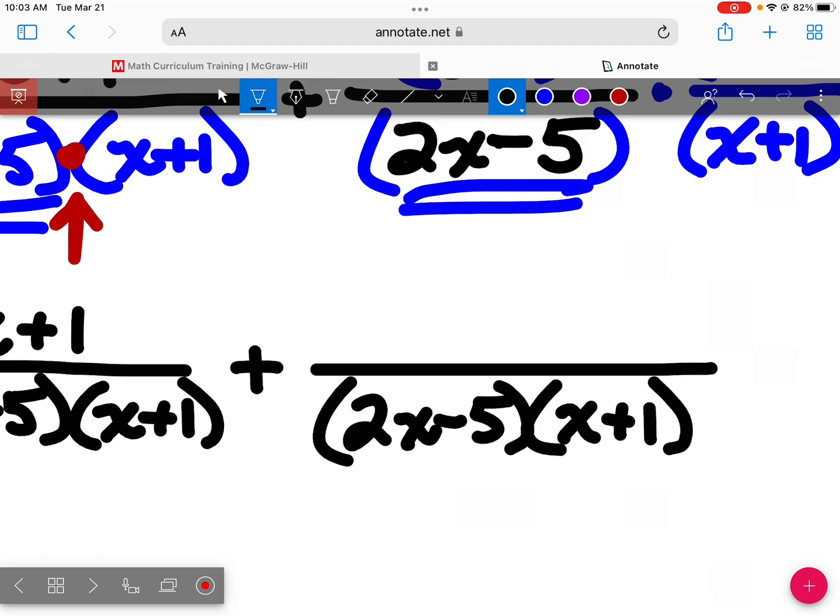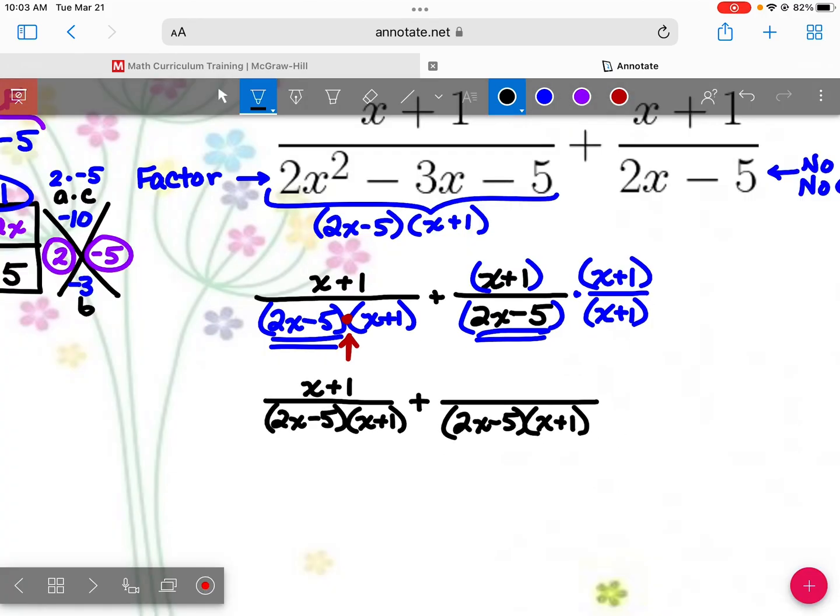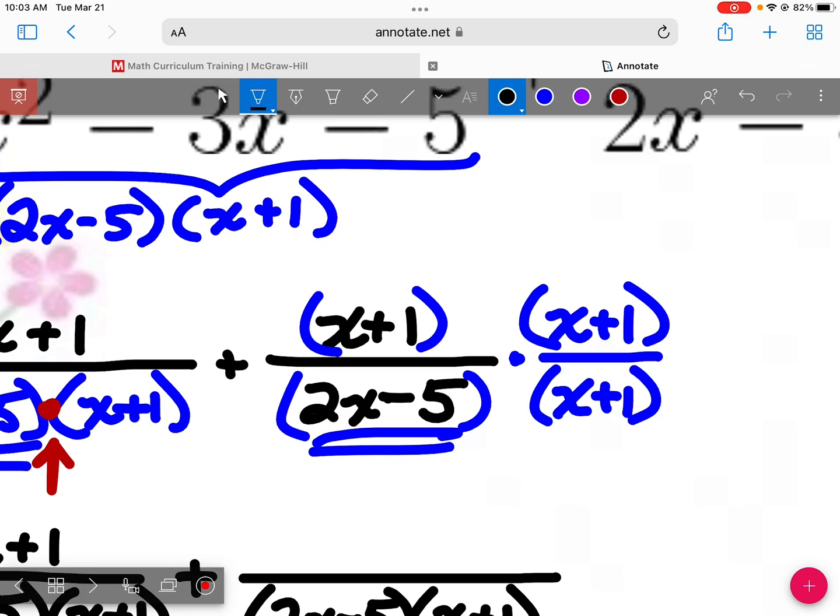In the numerator, I'm going to have to distribute that because I need to combine it. I need to add it with this numerator over here. I have to use double distribution because I have two terms here and two terms here.